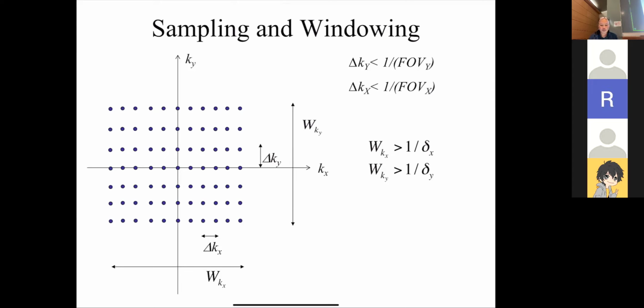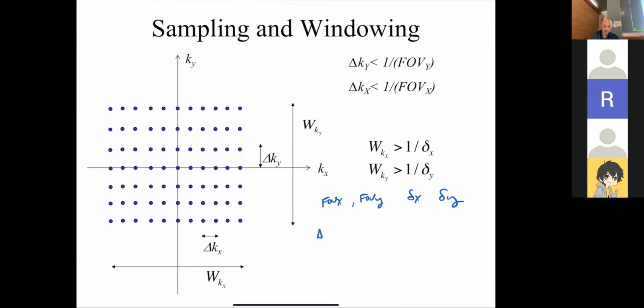Okay, so this is really the final part. What I've gone through was just to motivate these design rules, but literally all you need to do in your homework is apply these very simple design rules. Remember, you're going to be given field of view of X, field of view of Y, and delta X and delta Y. Those are typically the four parameters you're given.